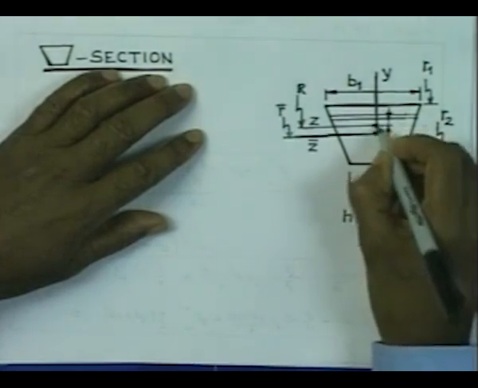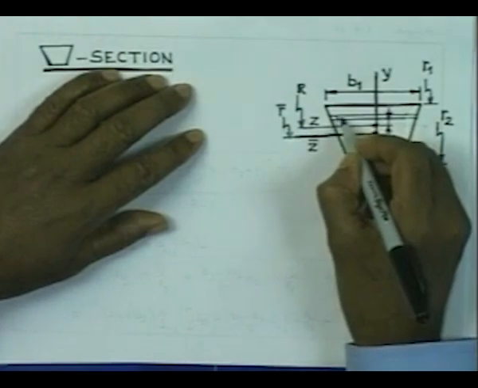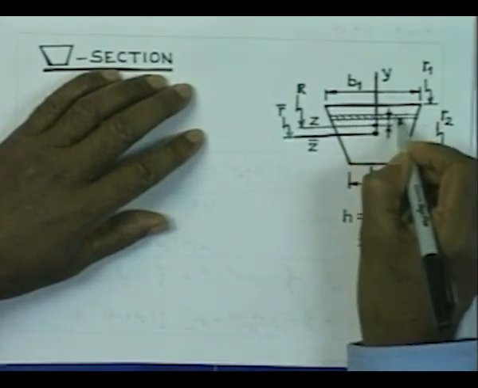The neutral axis is passing through this point. Let us concentrate on a fiber which is at a distance of y from the neutral axis.